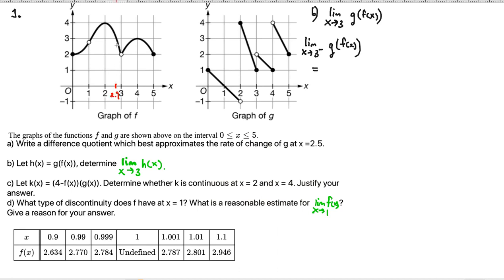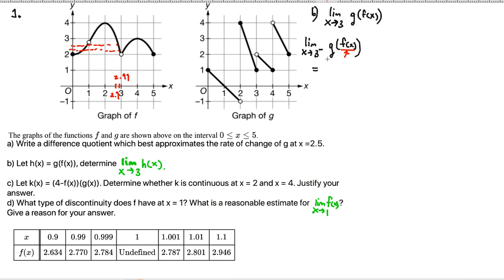If you go up, I'm at maybe 2.5, and then if I go to 2.99, I'm even closer to 2, but from above 2. So as I get closer and closer to 3 from the left, this f of x value is getting closer and closer to 2, but from above 2.